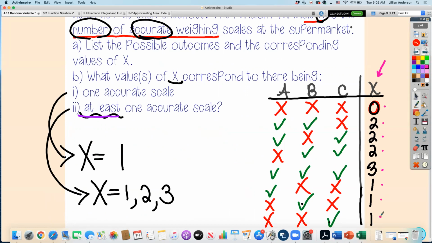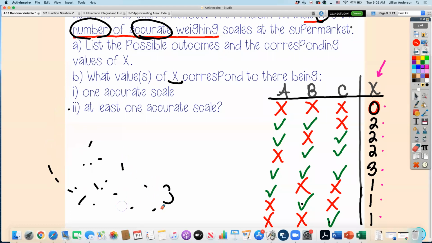We have 8 total outcomes that could happen when this person comes in to check out these different scales. I am going to erase this part because we already wrote this down from before. I'm just trying to get myself a little bit more space.